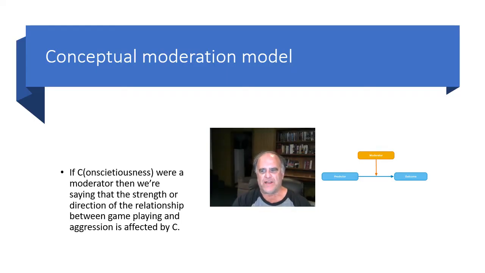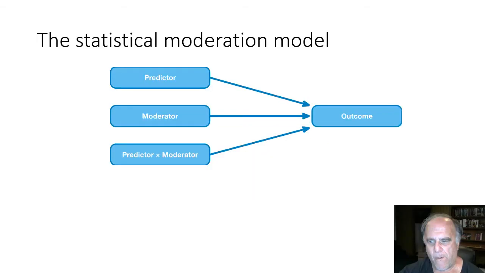So conceptually, our moderation model would look like this. The moderator moderates between the predictor and the outcome, or between the independent variable and the dependent variable. So if conscientiousness were a moderator, then we're saying that the strength or direction of the relationship between game playing and aggression is affected by conscientiousness. But statistically, the moderation model looks something like this.